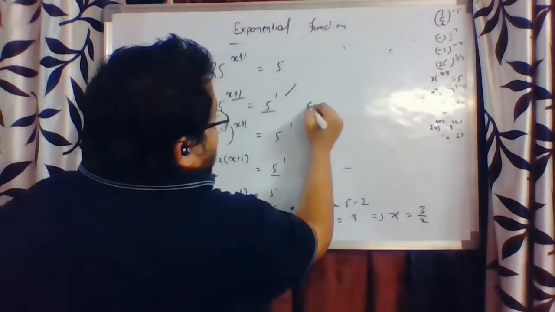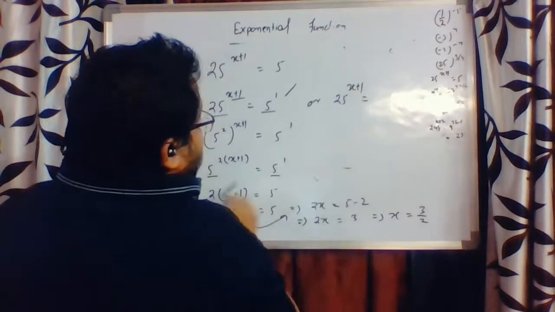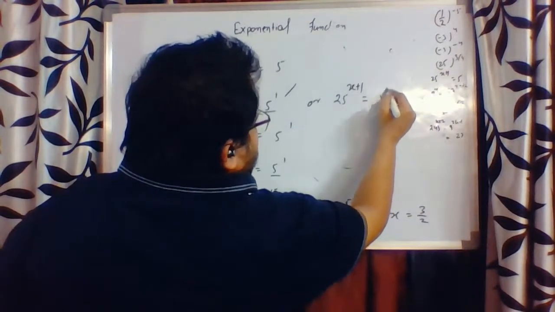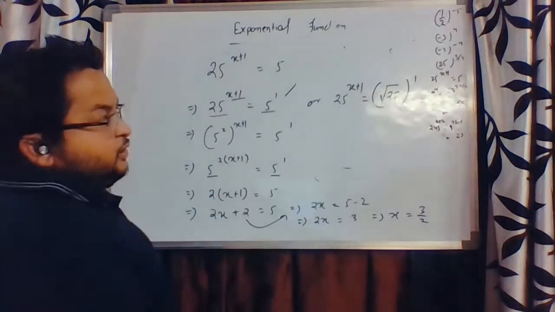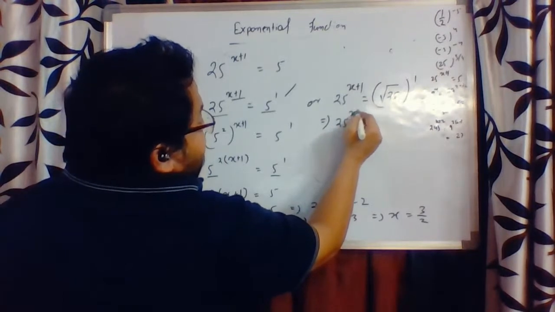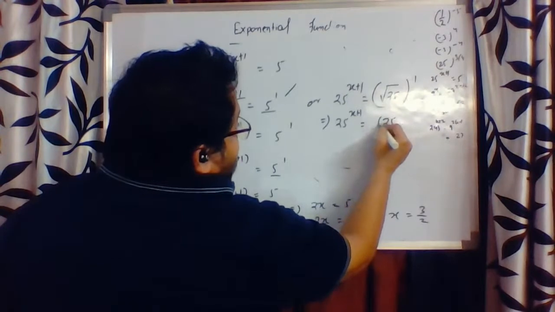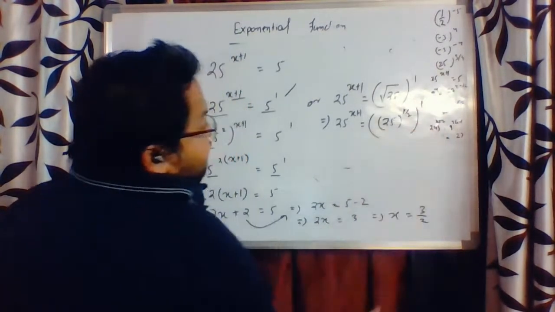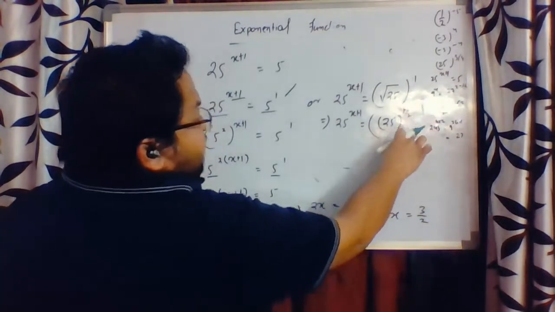Now, I write 25 to the power x plus 1, and the right hand side can be written as root over 25 to the power 1. Root over 25 is nothing but 25 to the power half, and you can write the whole to the power 1. Anything to the power 1 is that thing only, so I'll write it as 25 to the power half.